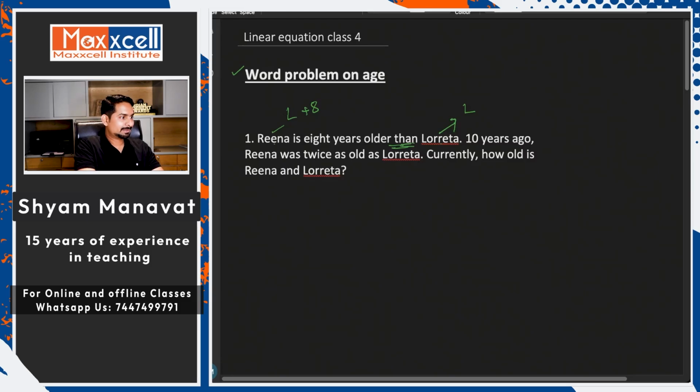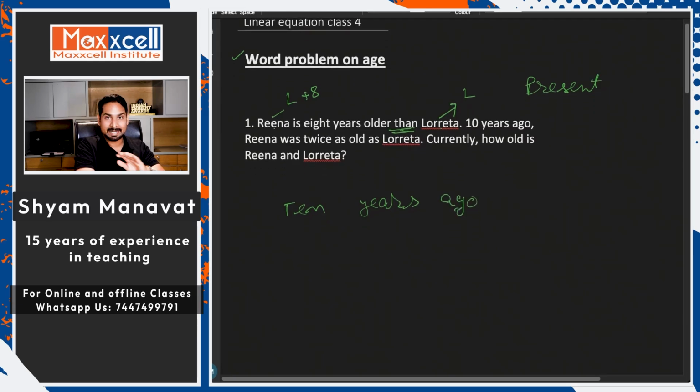Now, what happens in this case? 10 years ago, Reena was twice as old. Okay, so now, are you okay with this? This is the present age. This is happening at present. 10 years ago, Reena was twice as old as Loretta. Now, if you go back in time 10 years ago, Loretta's age should be what?